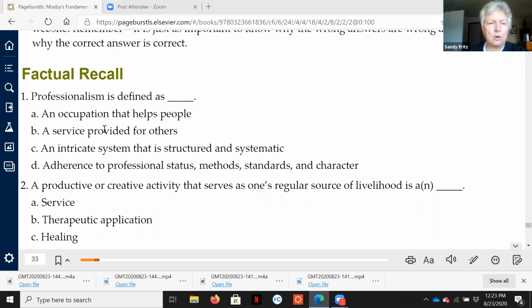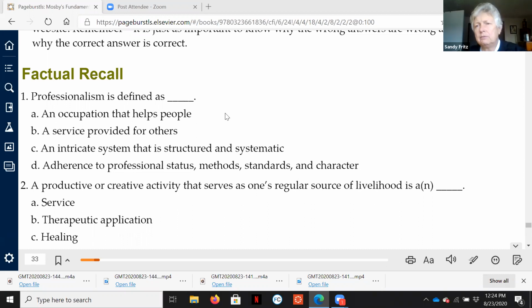And so that can be a giveaway. And it actually is a giveaway in this question, because the adherence to professional standards, methods, status, methods, standards, and character, that's the correct answer here. So this is not the best question, but it's good as far as structure is concerned.